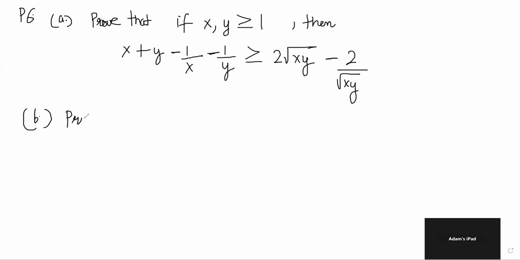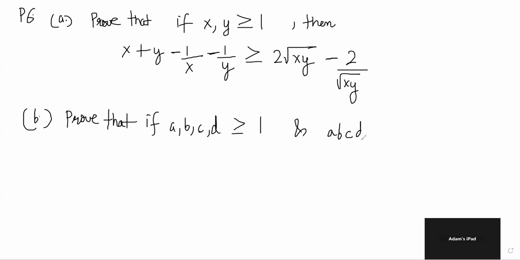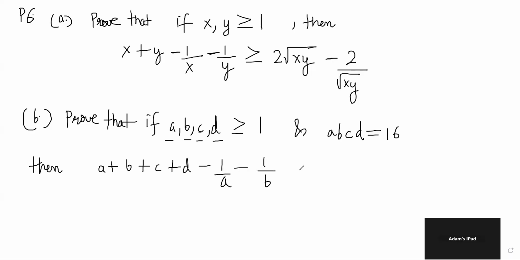And part B is prove that if a, b, c, d are greater than or equal to 1 and the product abcd is equal to 16, then a plus b plus c plus d minus 1 by a minus 1 by b minus 1 by c minus 1 by d is greater than or equal to 6.